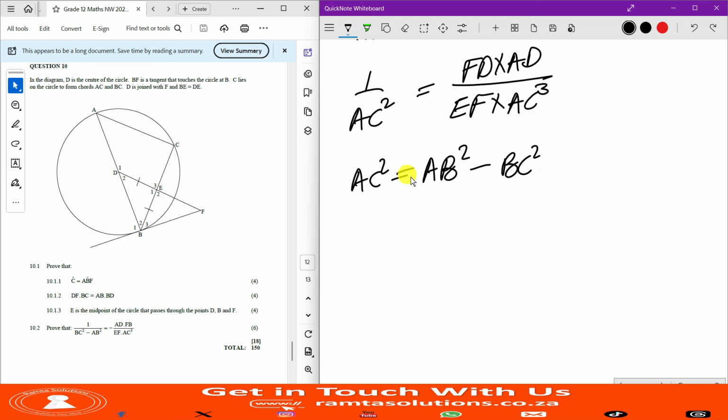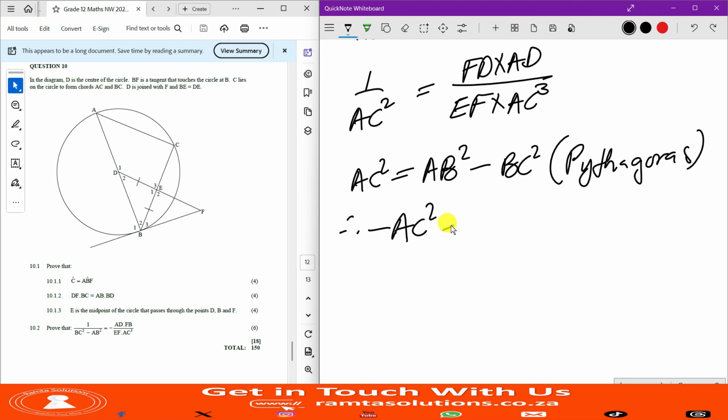This is what it means, and this is from Pythagoras theorem, right? So we can therefore say minus AC squared is BC squared minus AB squared. So check this out.